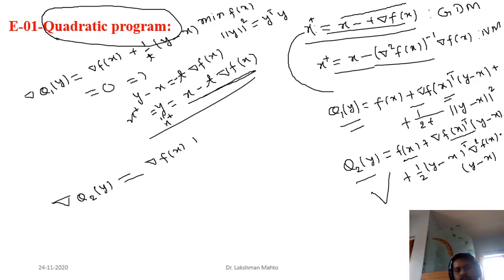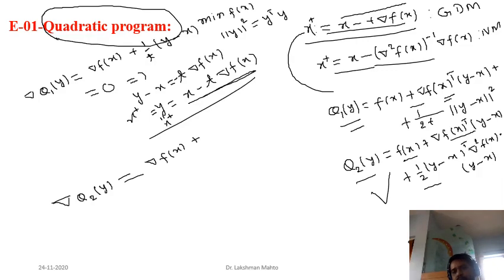The second term would come from the quadratic term. Differentiating is a very simple kind of differentiation. Many times I have already told how to differentiate this quadratic form. The gradient of the quadratic form x transpose P x is simply Px.